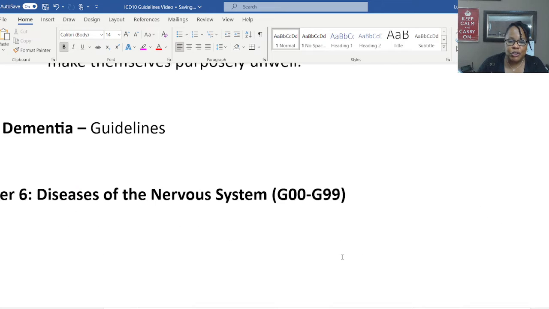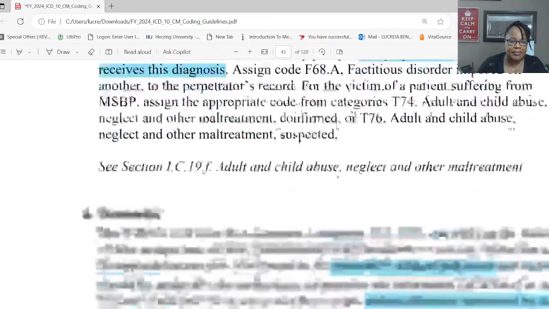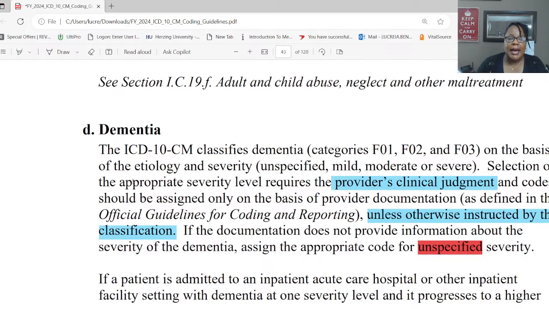All right, and we're down to dementia. Let's look at what dementia says. ICD-10-CM classifies dementia, F01, F02, and F03, on the basis of the etiology, which means the cause, like Alzheimer's, and the severity, whether it's unspecified, mild, moderate, or severe.